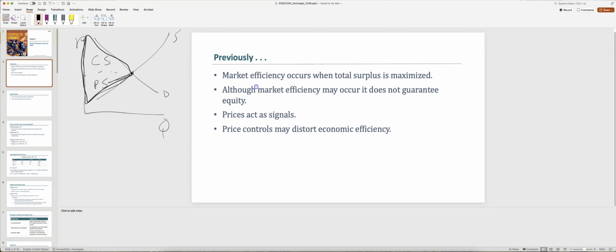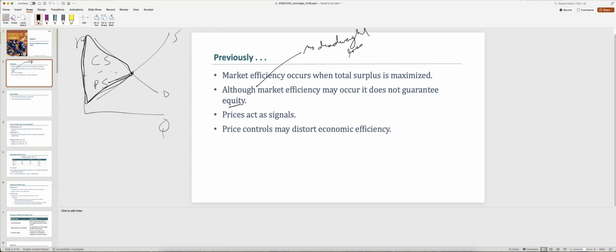Another way of reading that is that there's no deadweight loss. Now, as it implies here, it doesn't imply that there's going to be any equity. So again, we would have all those other debates about what's fair, who should get what.